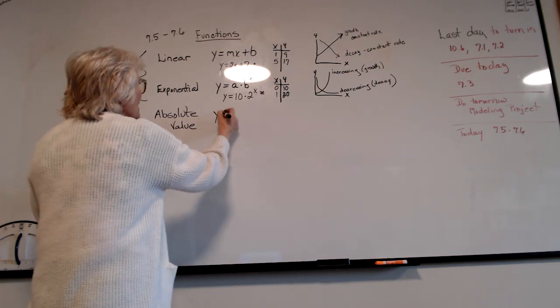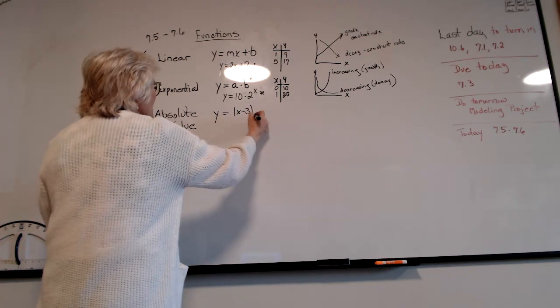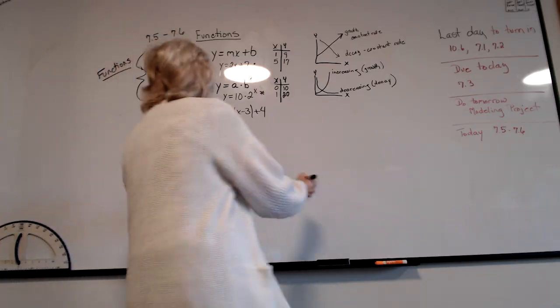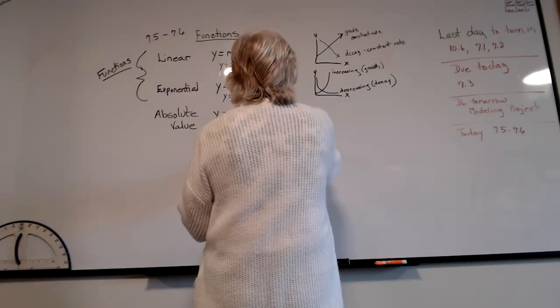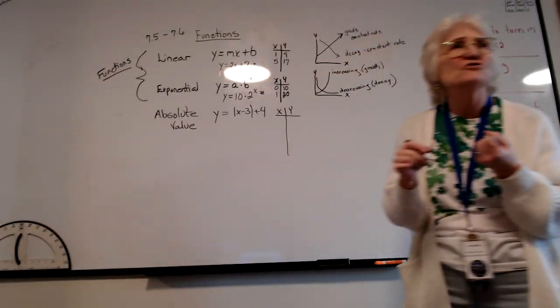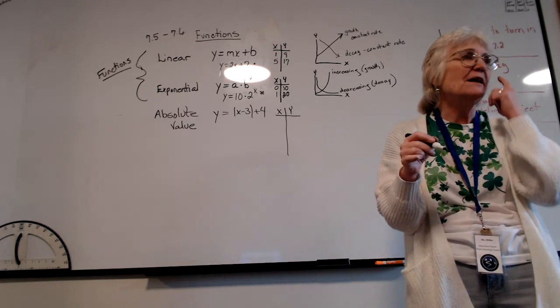So if I have y equals the absolute value of x minus 3 plus 4, that is a function. If I put in values of x, I will only get one y. This is how you look at it to see if it's only going to give you one y.